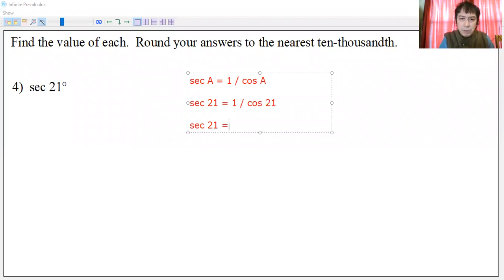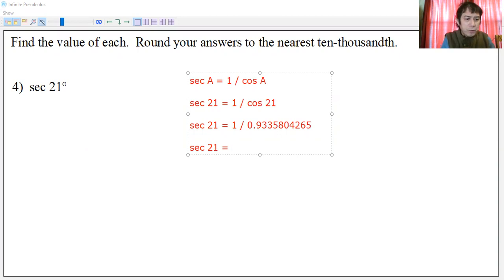Secant of 21 degrees is equal to 1 divided by, what is cosine of 21? We can get that from the calculator. This will be 0.9335804265.